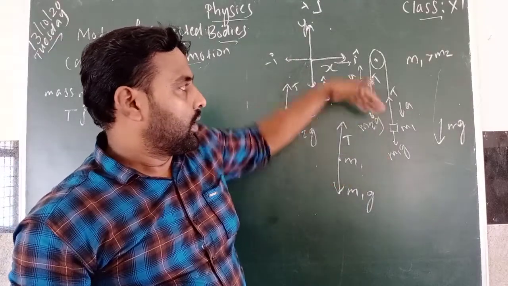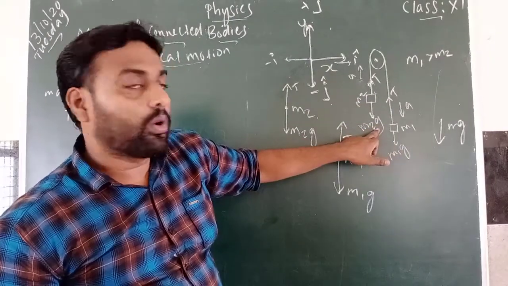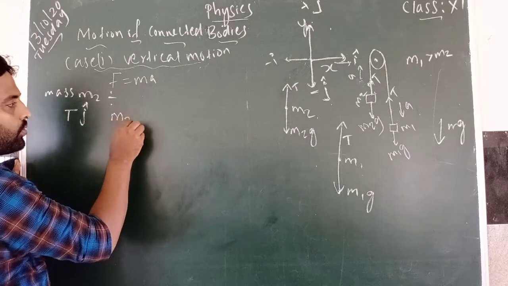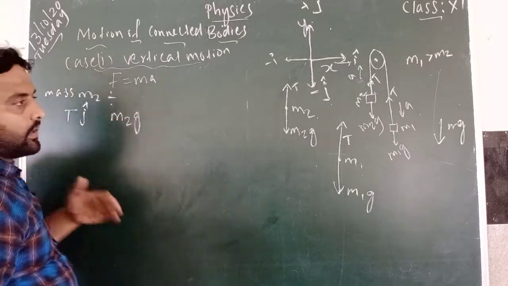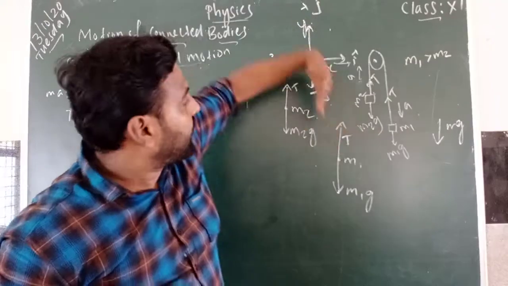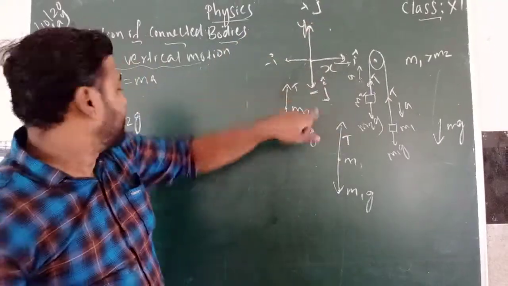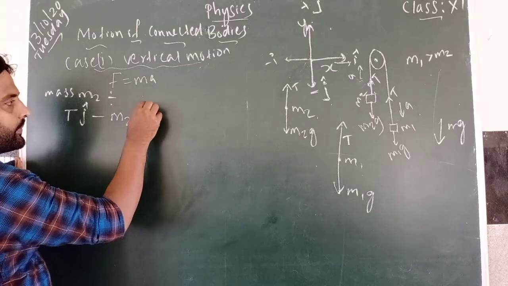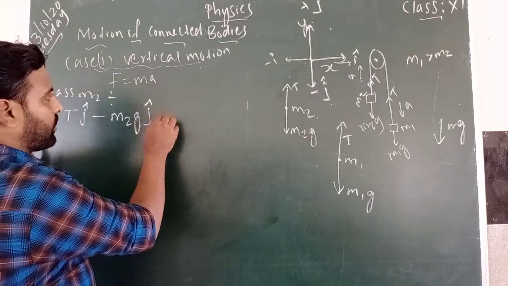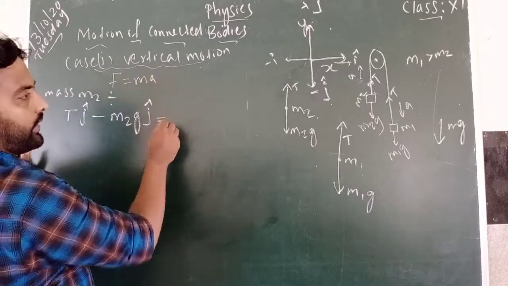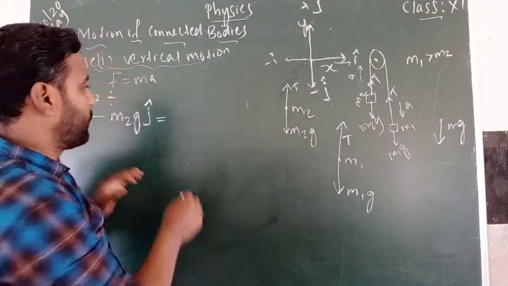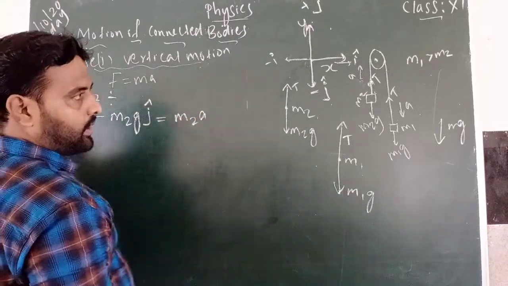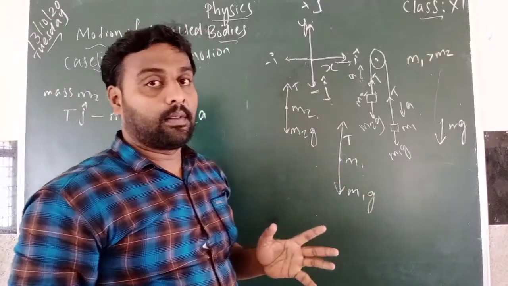Now, downward, what force is acting? m2g. What is the direction? Downward direction is minus j. So that's what we use: minus m2g j equals m a, where m is the mass m2, and the acceleration. Which direction is the acceleration?